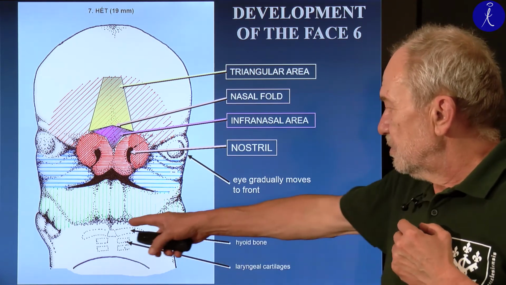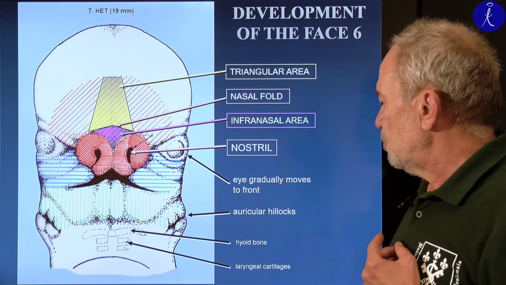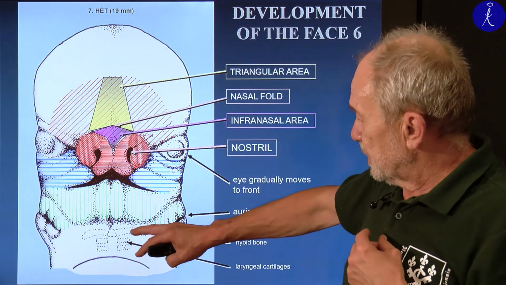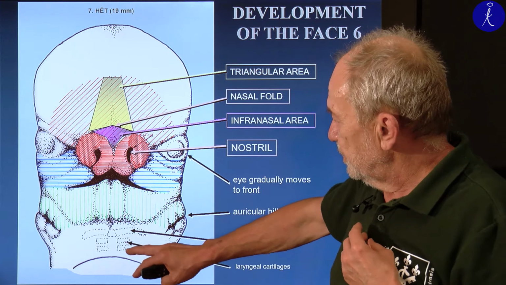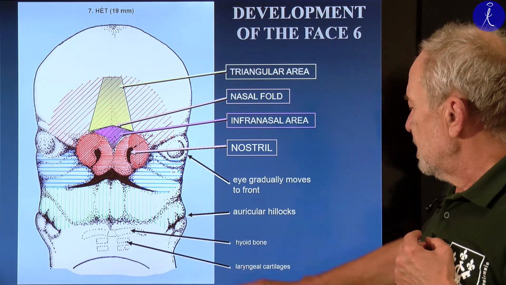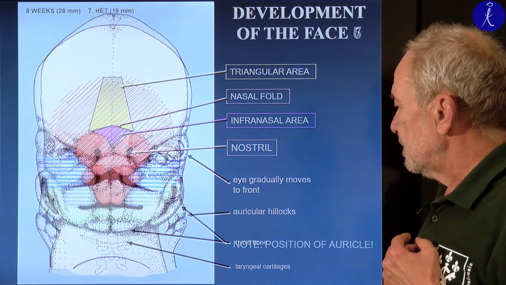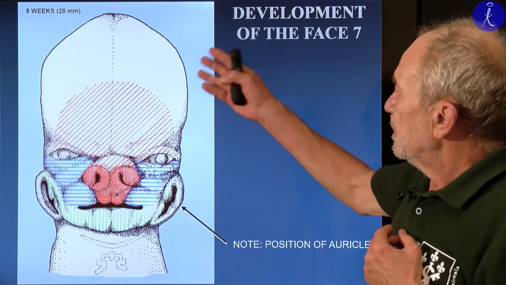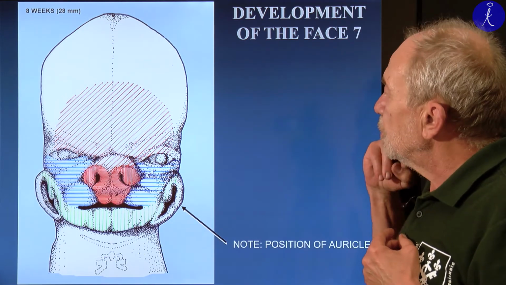The hyoid bone has already started to be formed from the second pharyngeal arch, and the third and fourth start to form the laryngeal cartilages. So these are the additional things appearing here. Now this one is quite a good looking guy.